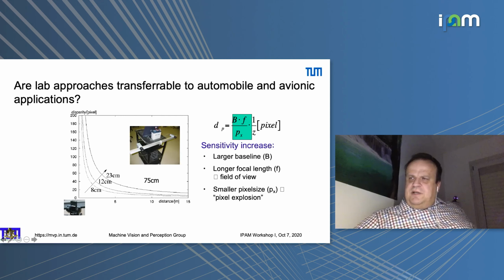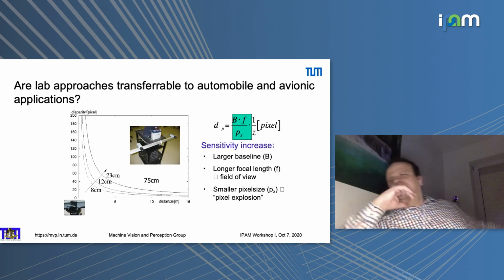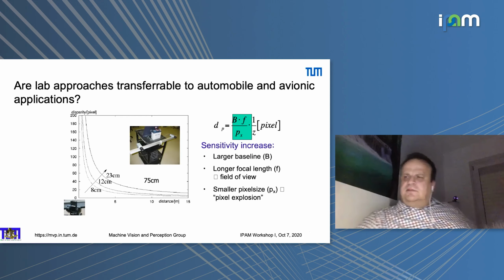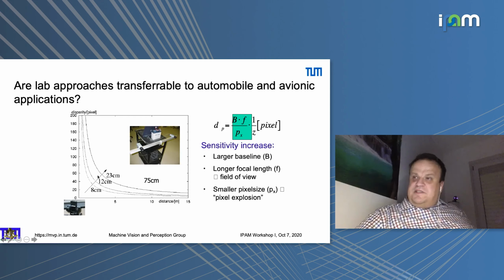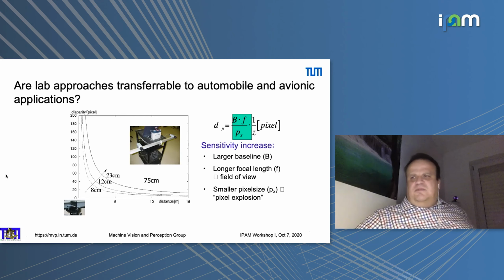This is what the camera can read, the displacement between left and right camera in the image, depending on the distance. You see that there is useful information very close. The farther away you go, the worse it gets. And at 100 meters, you're just reconstructing noise. So what you can do is increase the baseline of the stereo system, which pushes the signal towards higher values. But there is only so much you can do.